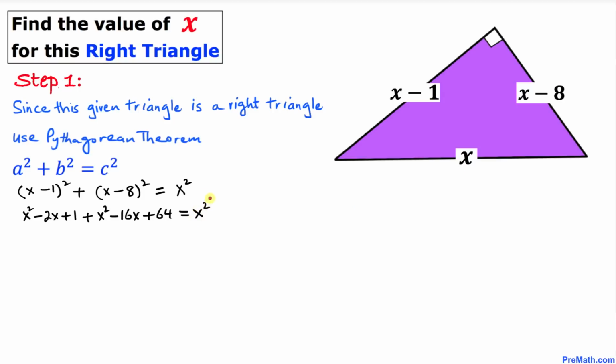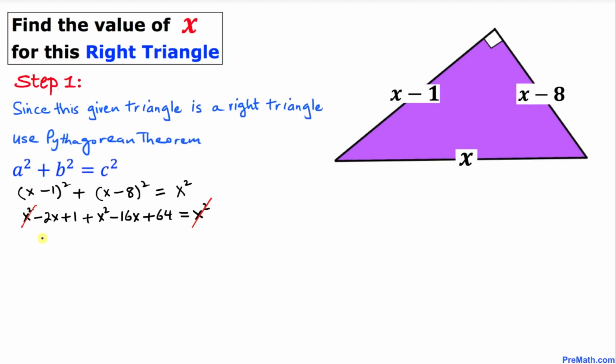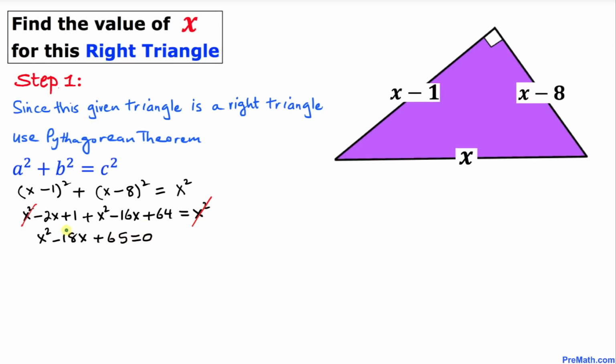Now we can see that this x square and this x square cancel each other out. So let's go ahead and combine the like terms. I can write x square minus 18x plus 65 equal to 0. And now we have ended up with a quadratic equation, as you can see over here.